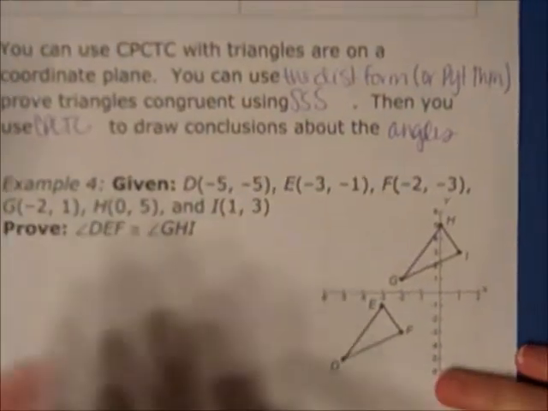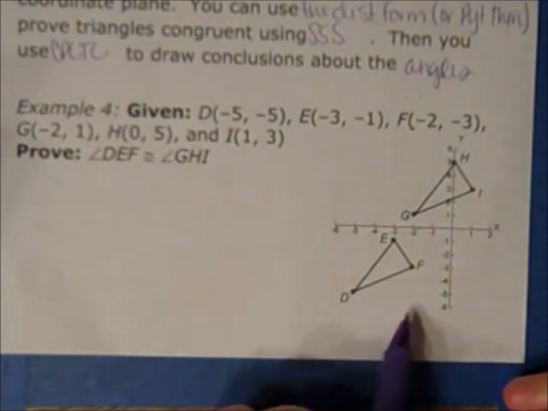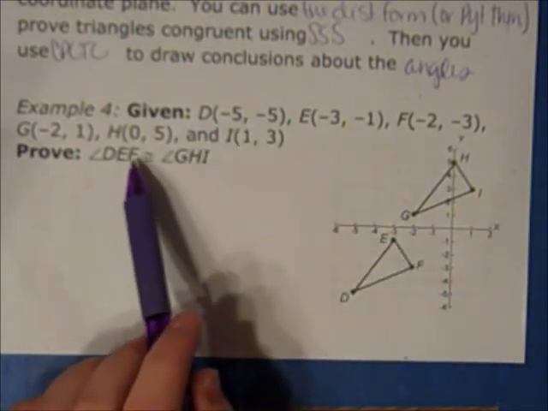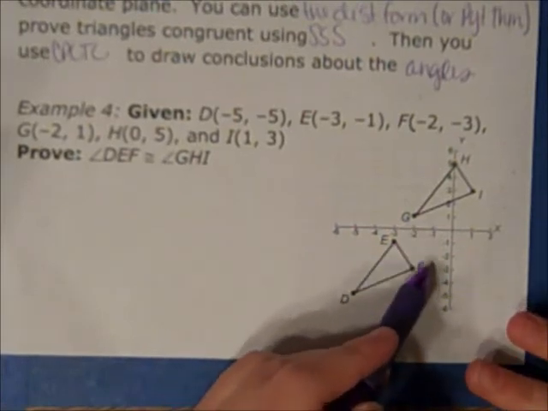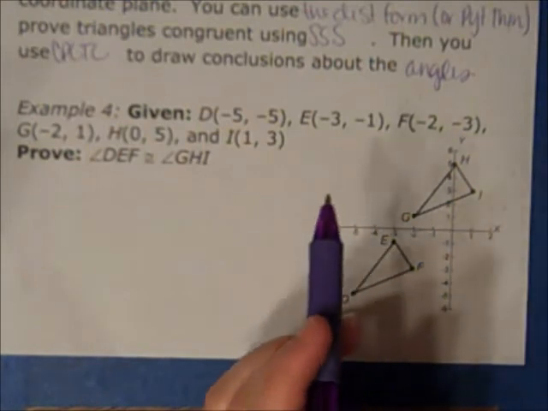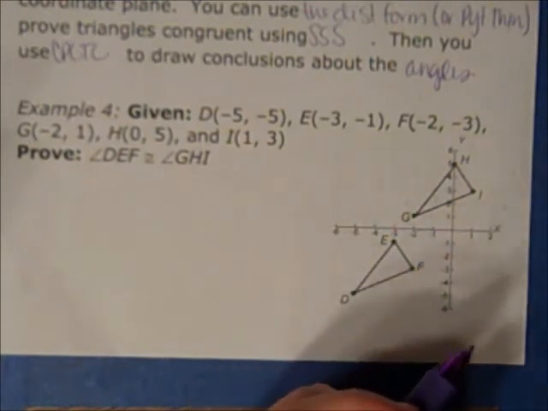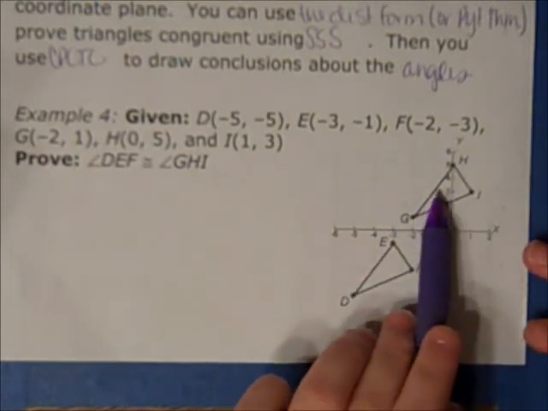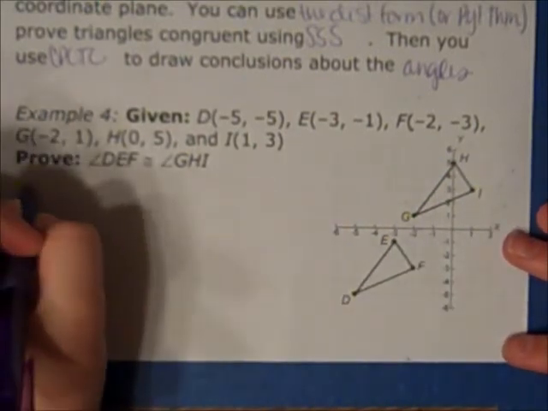Okay, so here we go. Here are the given points, so we plot those, and I want to prove that angle DEF is congruent to angle GHI. But like we said a second ago, I can't talk about angles in a coordinate plane. All I can talk about is sides. So we're going to do the Pythagorean theorem 6 times to talk about all 3 sides. So let's get started.